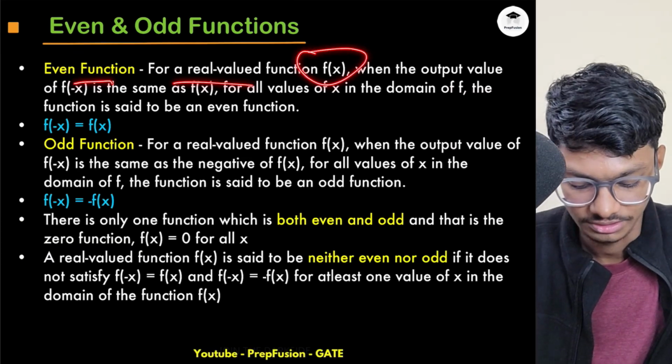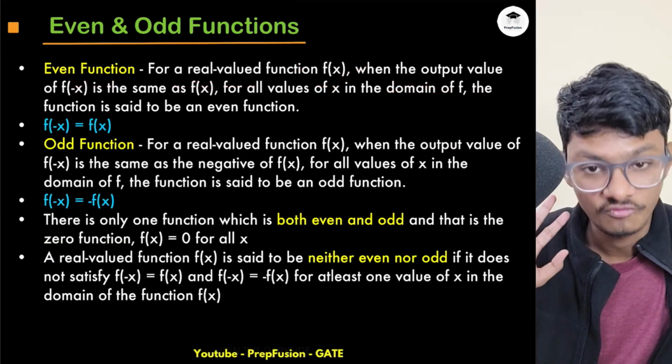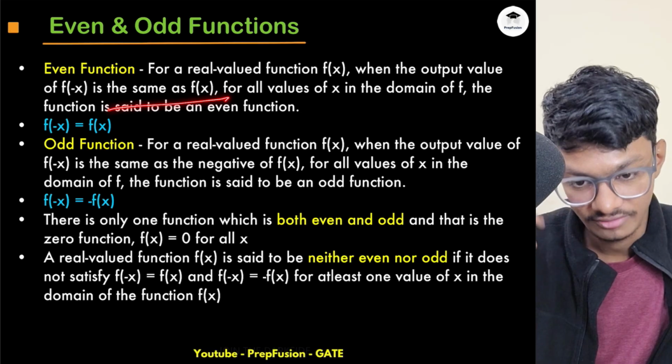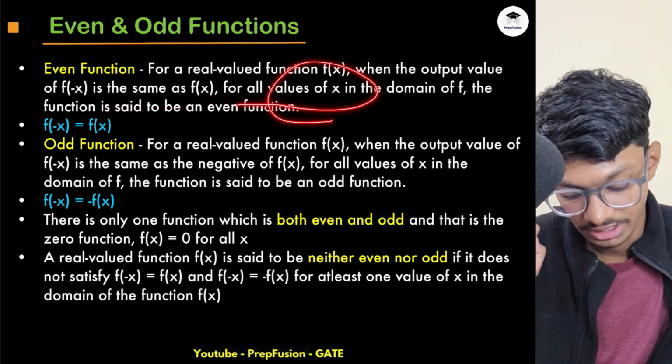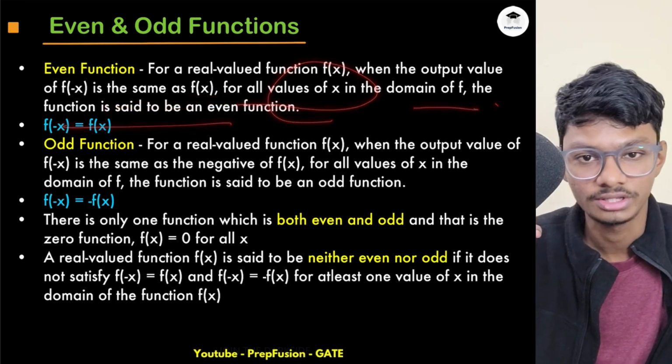For a real valued function f of x, when the output value of f of minus x is the same as f of x for all values of x in the domain of f, the function is said to be an even function.